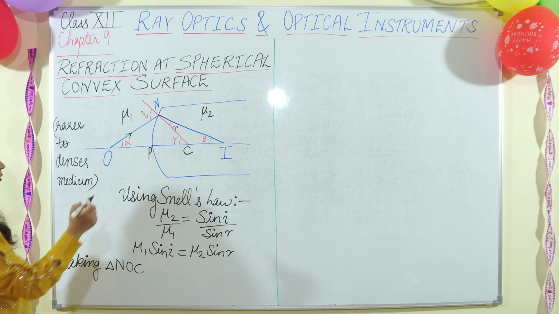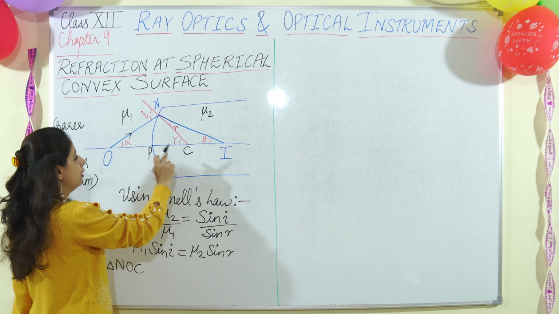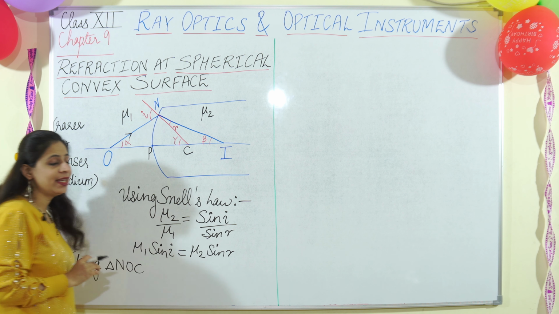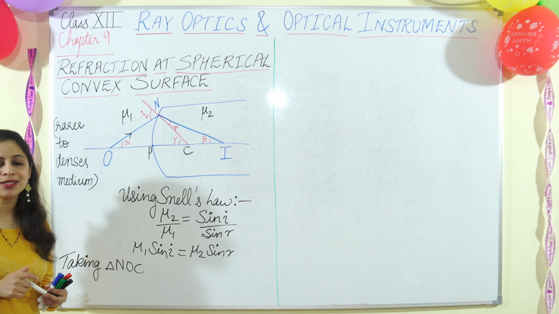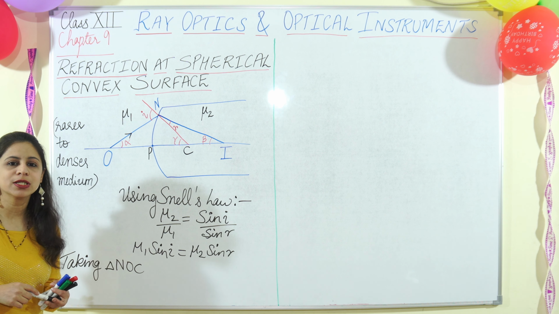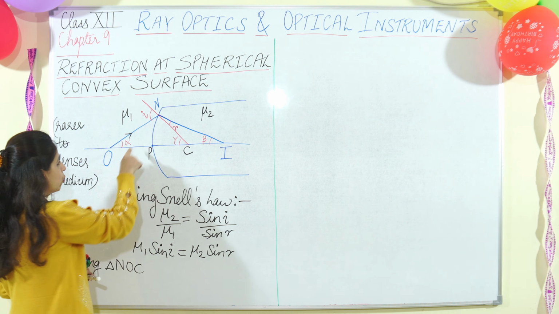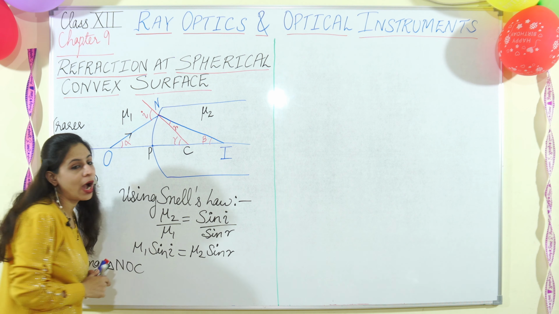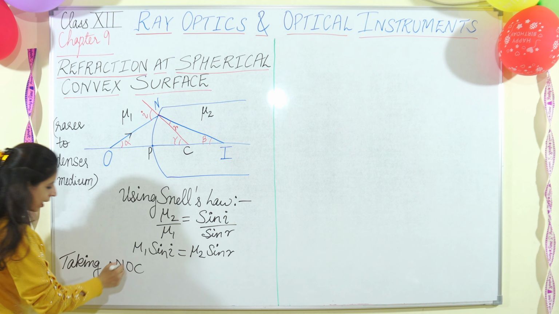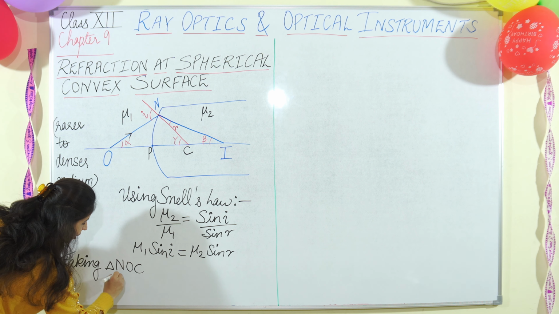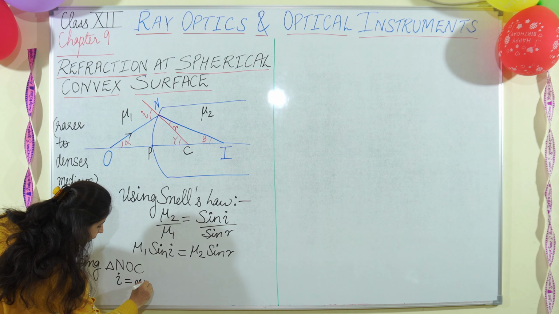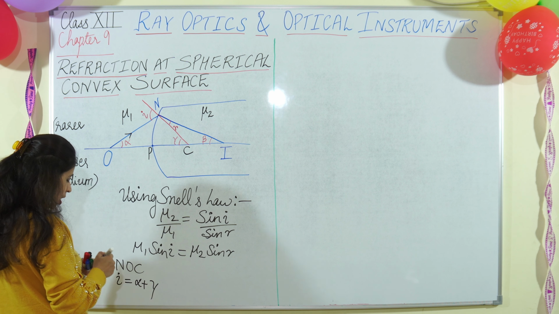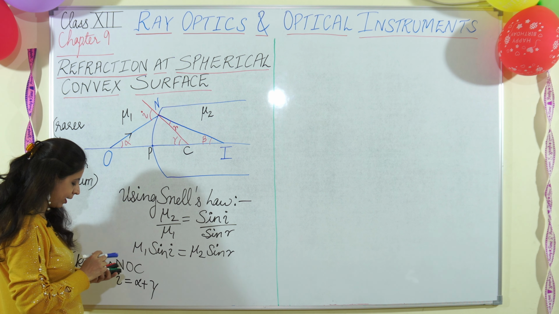When we take the triangle NOC, we can easily see that i is the exterior angle, and the exterior angle is always equal to the sum of the opposite interior angles. So alpha plus gamma will be equal to i. So taking triangle NOC, from here we get i is equal to alpha plus gamma.